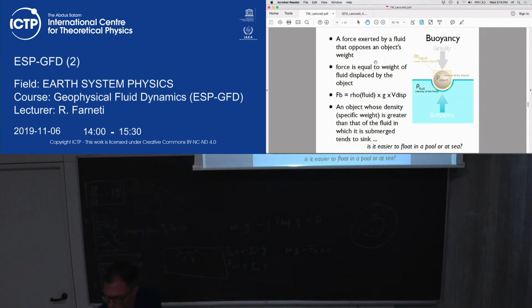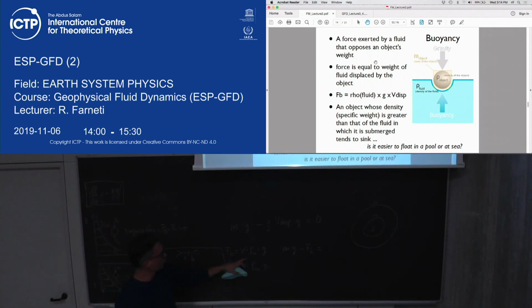I don't sink and I don't rise to the surface. But now the buoyancy force can change because it depends on the density of the fluid. So my weight minus the buoyancy force is equal to 0, and my weight is always the same.